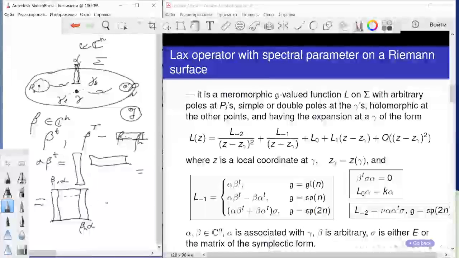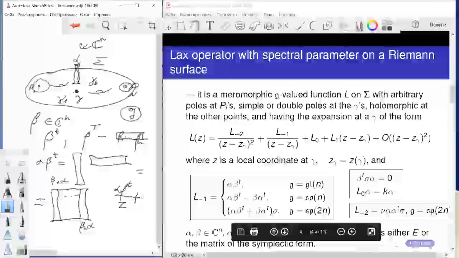So for GLN, this expansion begins with a term of the form alpha beta t divided by z plus some L0.